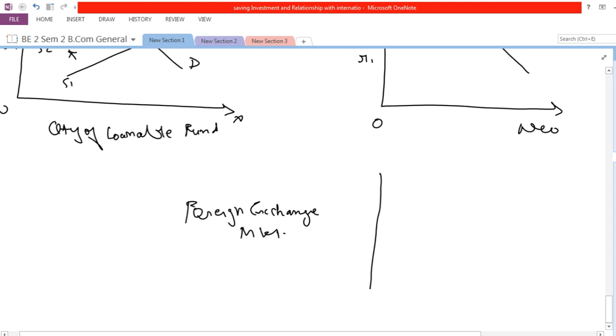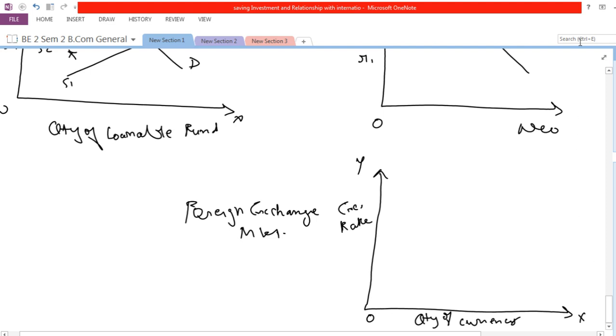Like we have drawn earlier, here we have the y-axis with the exchange rate, and this is the quantity of currency, and this is 0 and we have the x-axis.